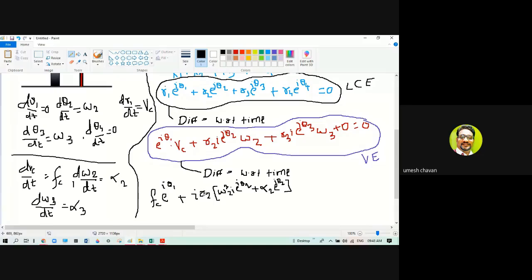i R2 common, first I took the derivative of e raised to i theta 2, omega 2 is here, then second time I took the derivative of omega 2 and this.